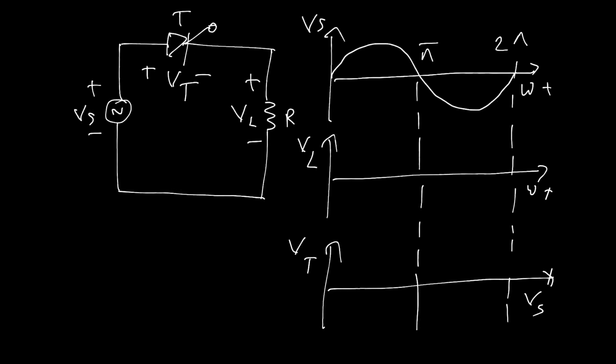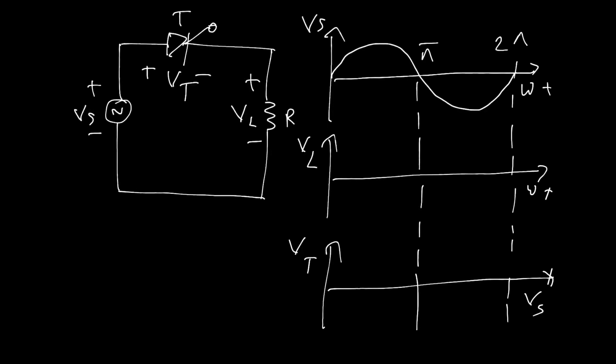But when you do not switch on, the switch remains open. That means the total voltage appears across the switch. So the voltage is distributed in this way. When the switch is closed, the voltage appears across the load. When the switch remains open, the voltage appears across the switch only.